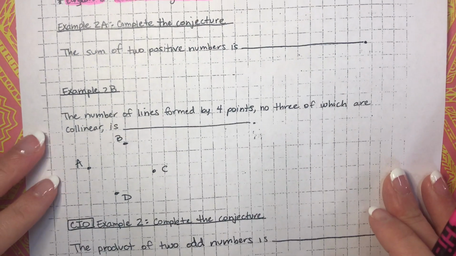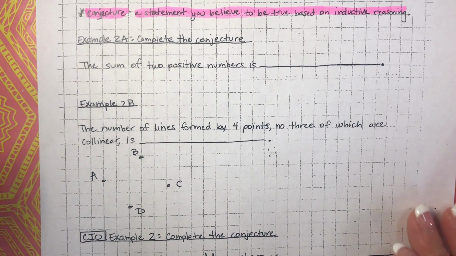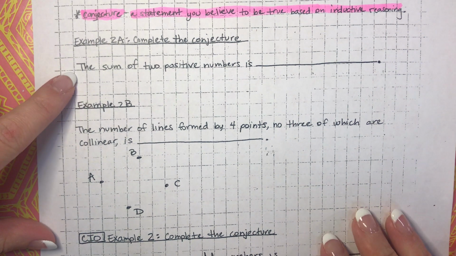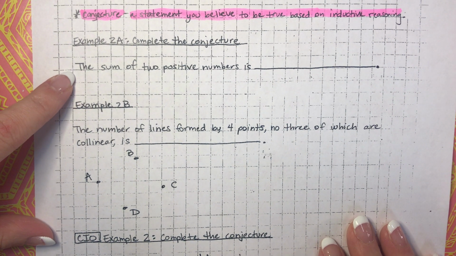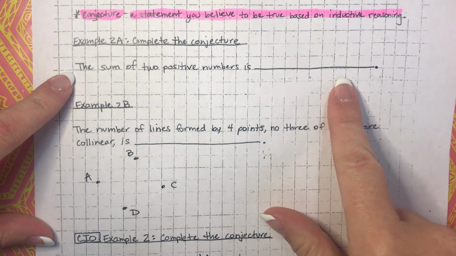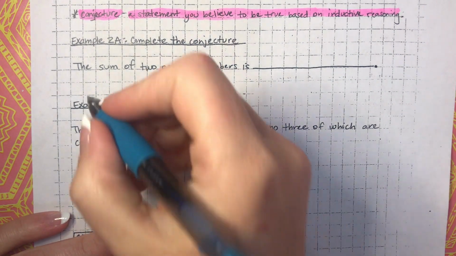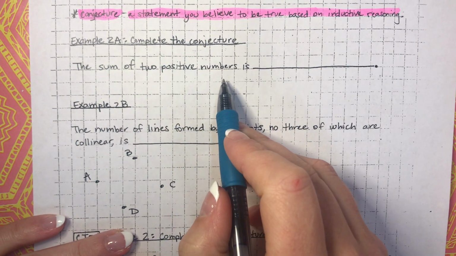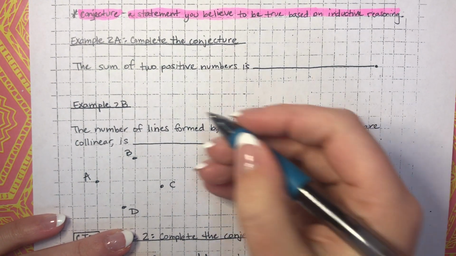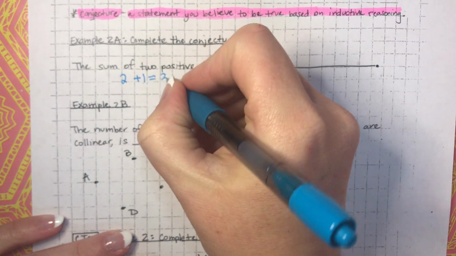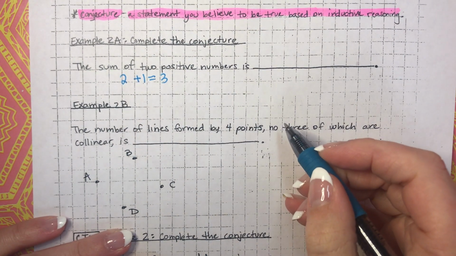Okay, perfect. So let's go ahead and complete example 2. It says complete the conjecture. The sum of two positive numbers is, and then we have to fill in the blank. So let's look at positive numbers. 2 plus 1, they're both positive, and what do we end up with? 3, another positive number.